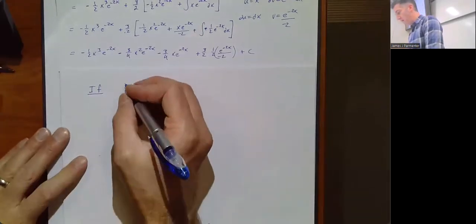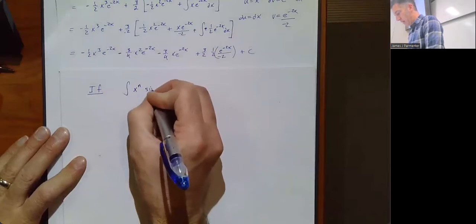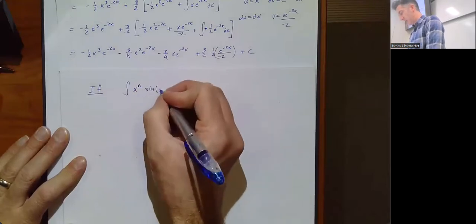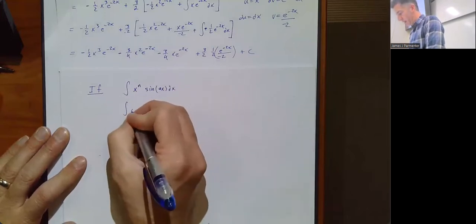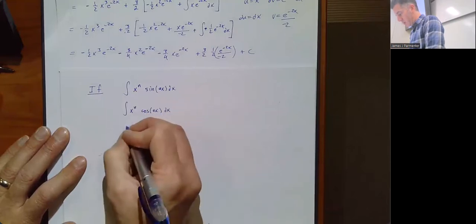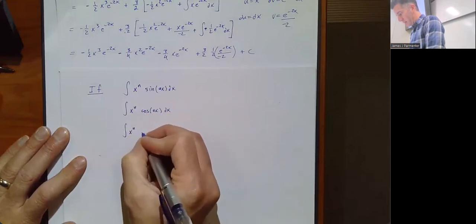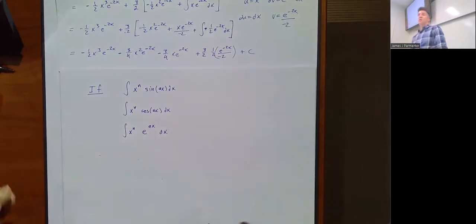So if you have the integral of x to the n times sine of something times x, or the integral of x to the n times cosine of something times x, or the integral of x to the n times e to something times x. And really I should say, it doesn't have to be x to the n, you can really have a polynomial.